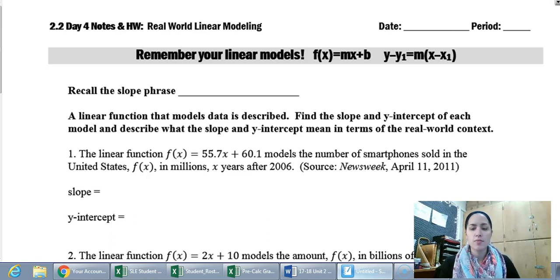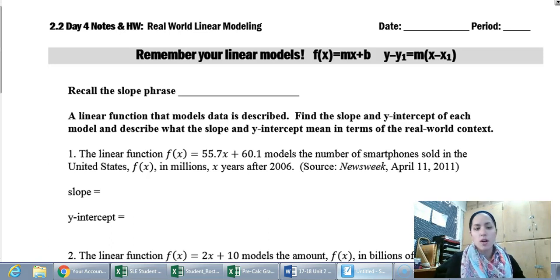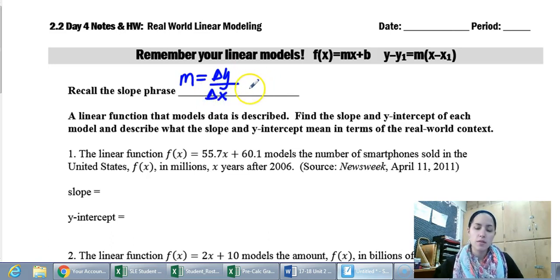It says recall the slope phrase. Recall the slope phrase m equals change in y divided by change in x, or y per, each, every x.